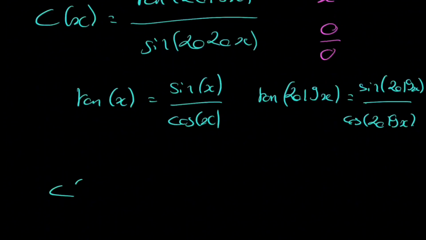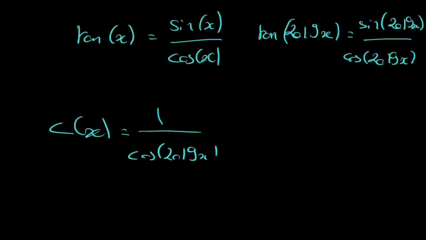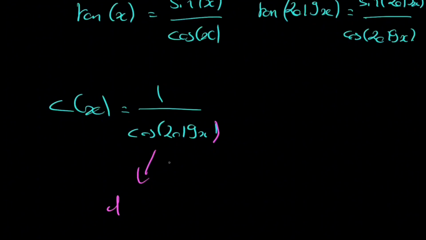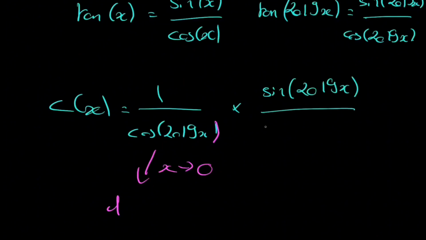So we've got c of x equal to 1 over cosinus of 2019x, that will go to 1 when x tends to 0, because cosinus of 0 is equal to 1, times the quotient of sinus of 2019x over sinus of 2020x.